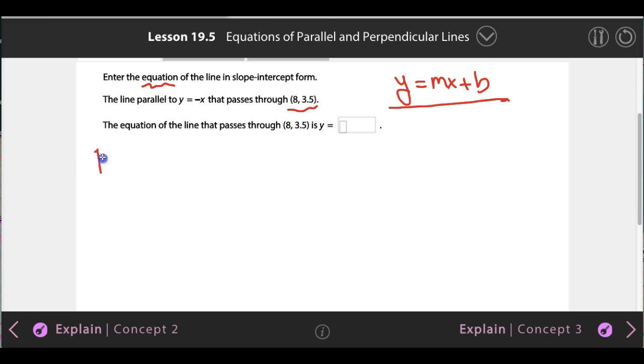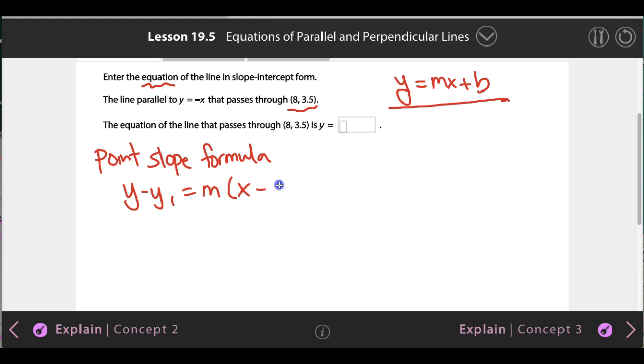And it's called the point-slope formula. And so it's like this: y minus y sub 1 equals m times x minus x sub 1, okay? And so then you might be like, Miss Choi, what is y sub 1 and x sub 1? Well, that is the 8 and the 3.5.